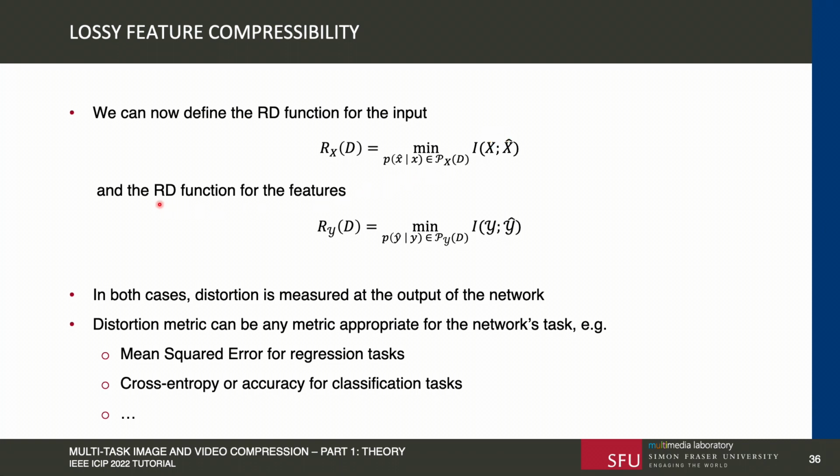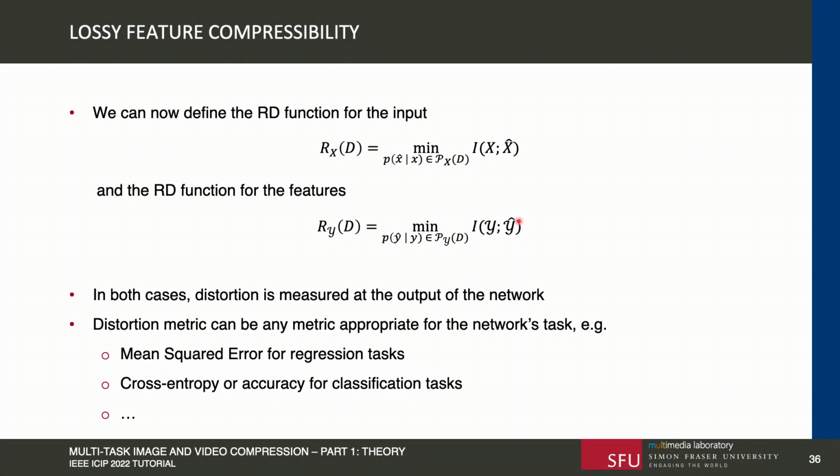And similarly, the rate distortion function for the features is the minimum over all feasible quantizers for y at the given output distortion level d of the mutual information between y and y hat.